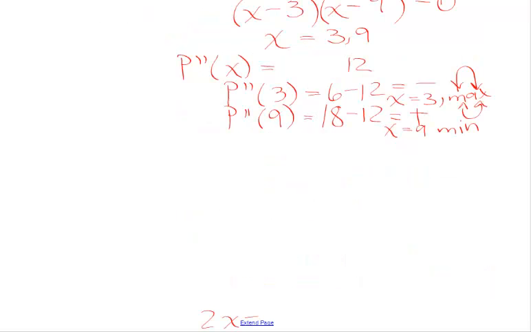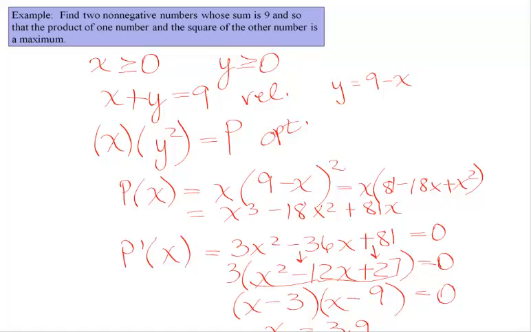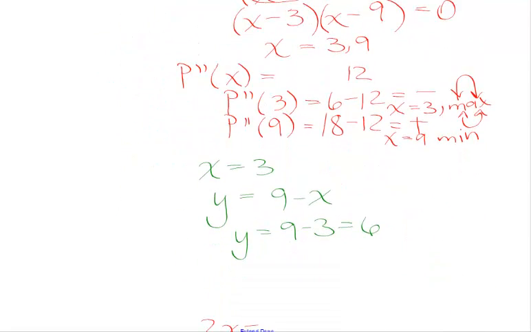So when x is 3, y has the relationship of 9 minus x, so y would have to be 6. Here's the relationship that I'm using. So find two non-negative numbers.